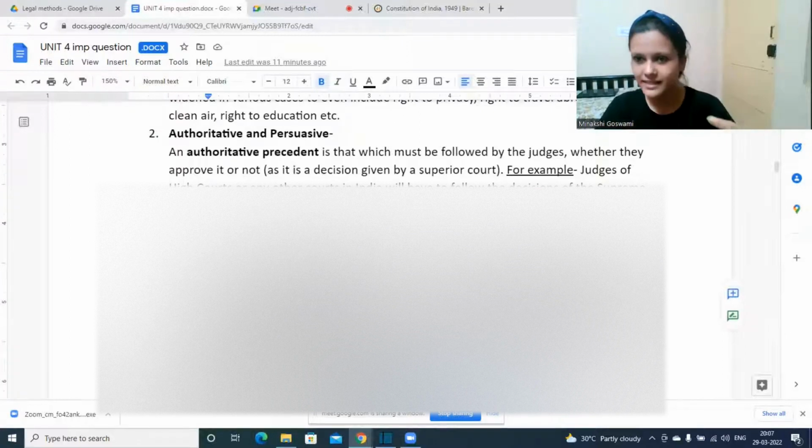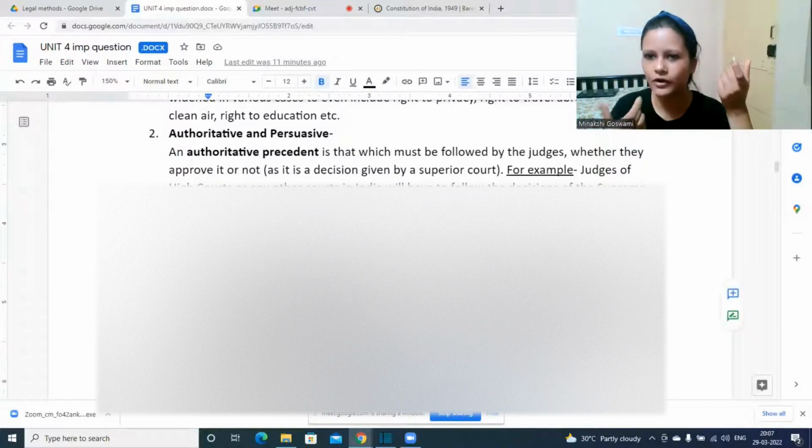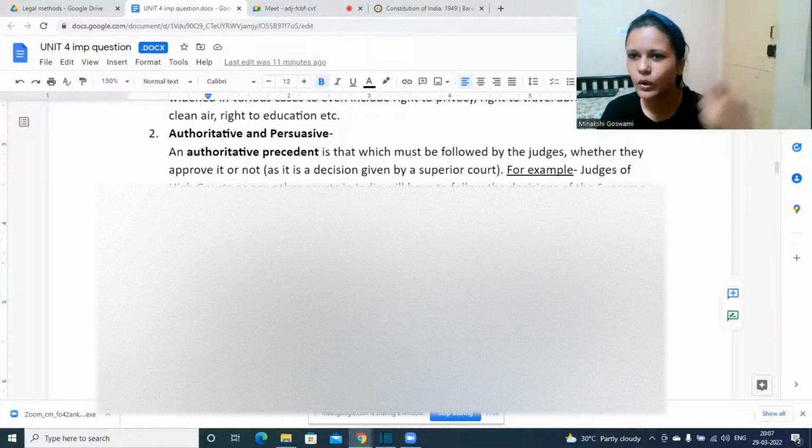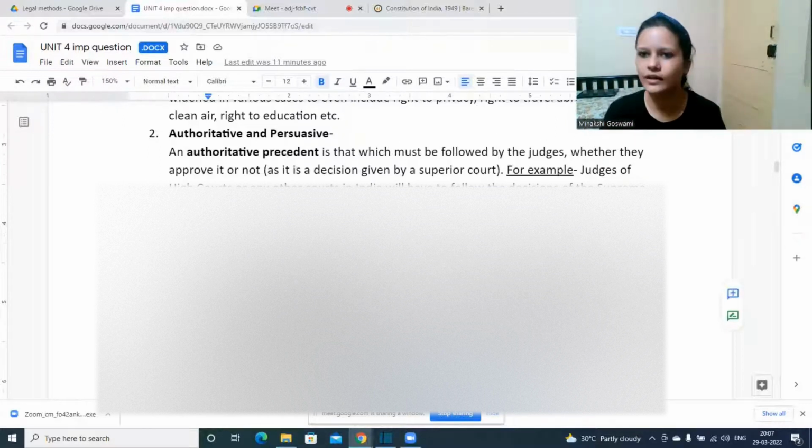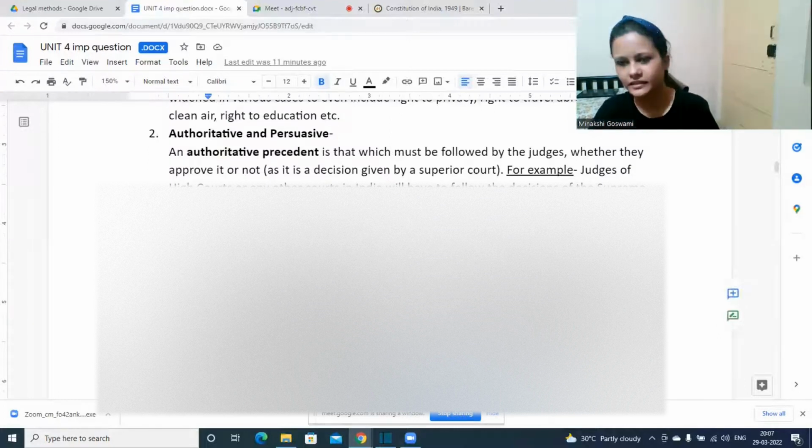Only if the number of judges is higher, we would follow it. If the number of judges was lesser, we can ignore it. This is nothing but conditional authoritative precedent. It will be binding only if this condition is satisfied, otherwise we can ignore it.